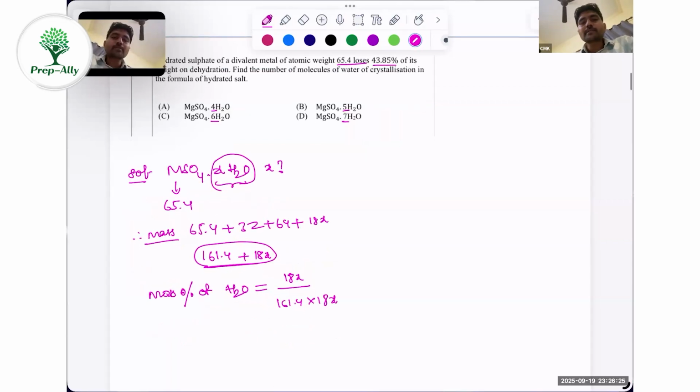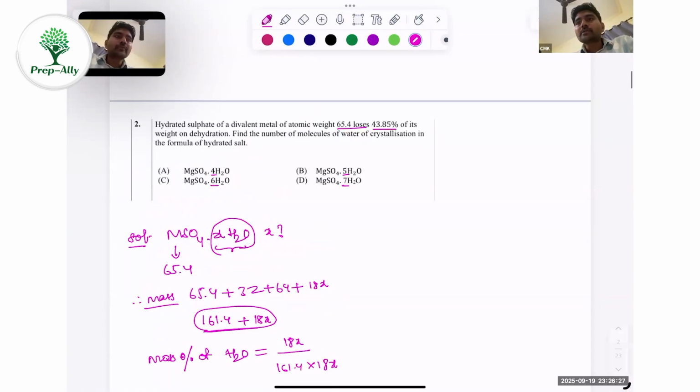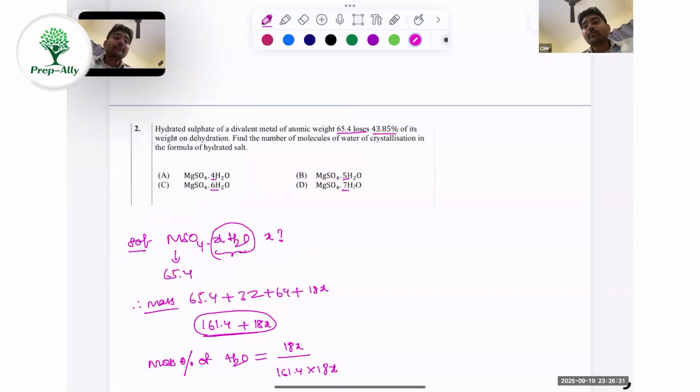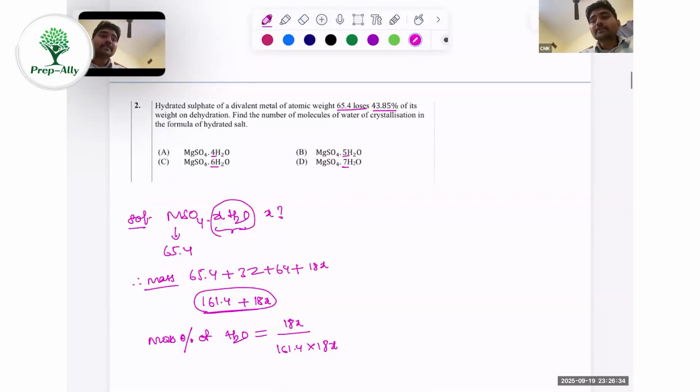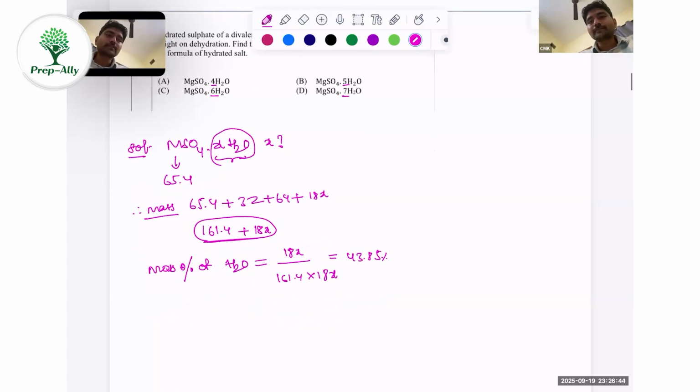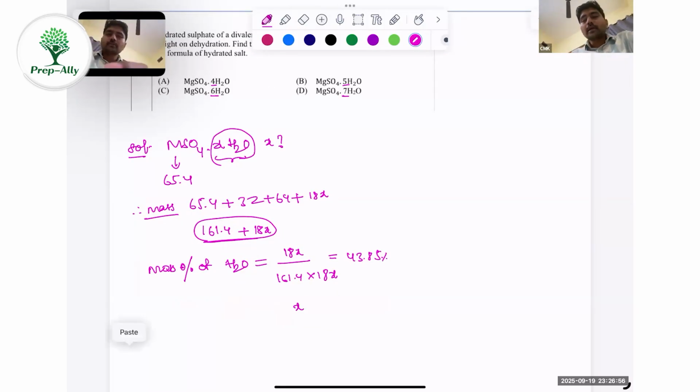So this is the mass percentage of H2O. The given mass loss is 43.85%, meaning that much weight loss is there. So obviously this mass percentage should be equal to the mass lost during the reaction. So what do you get if you solve for x? X is equal to 7. So we get x is equal to 7.